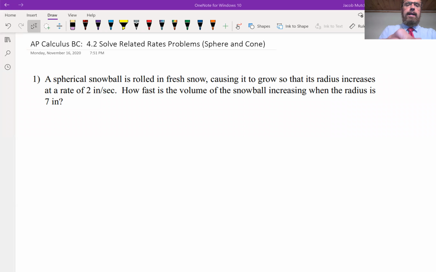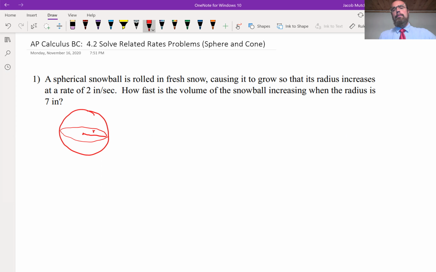We'll start off by identifying our variables. We should really think about what geometric situation we're looking at. It's really a sphere. So this is a spherical diagram representing that snowball. And when I think about the measurements that I would take to define a sphere, really it's down to just the radius.